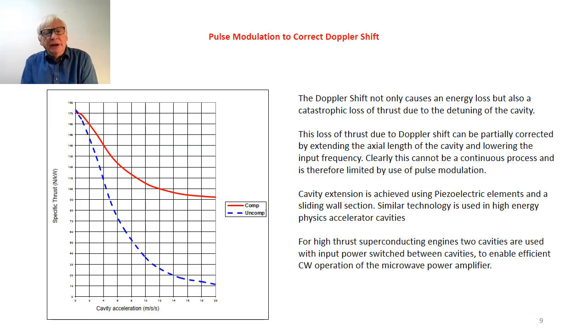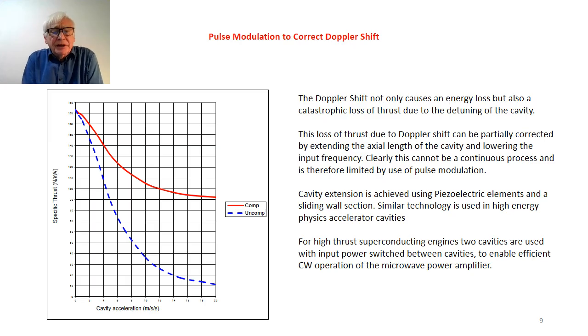If we look at the plot shown on the left of the slide, this shows the difference between a compensated thruster, the so-called third generation compensated thruster, shown in the red line, and the blue dotted line, which shows an uncompensated thruster.